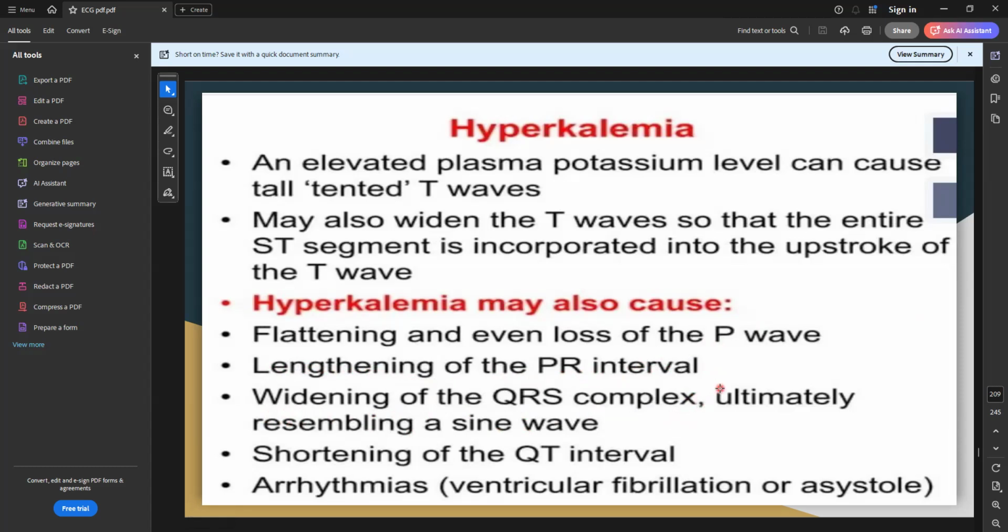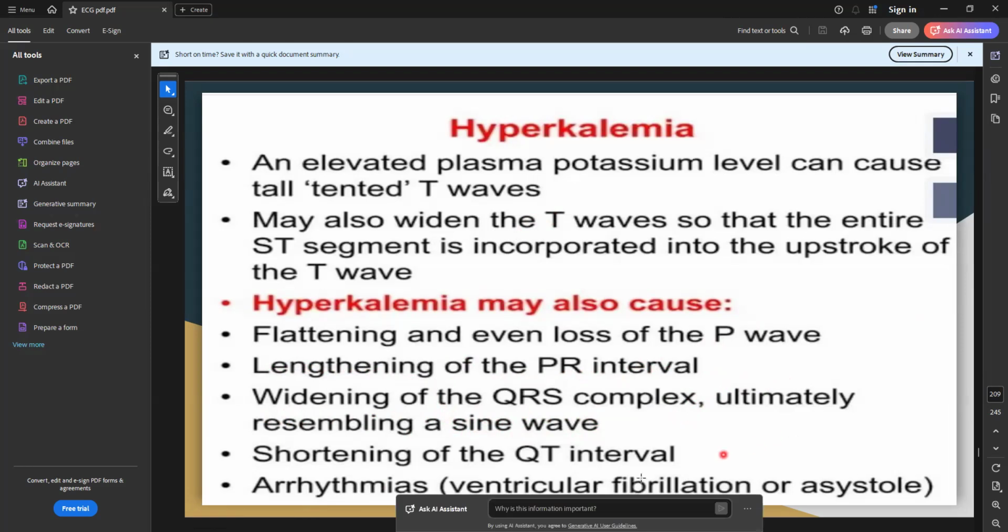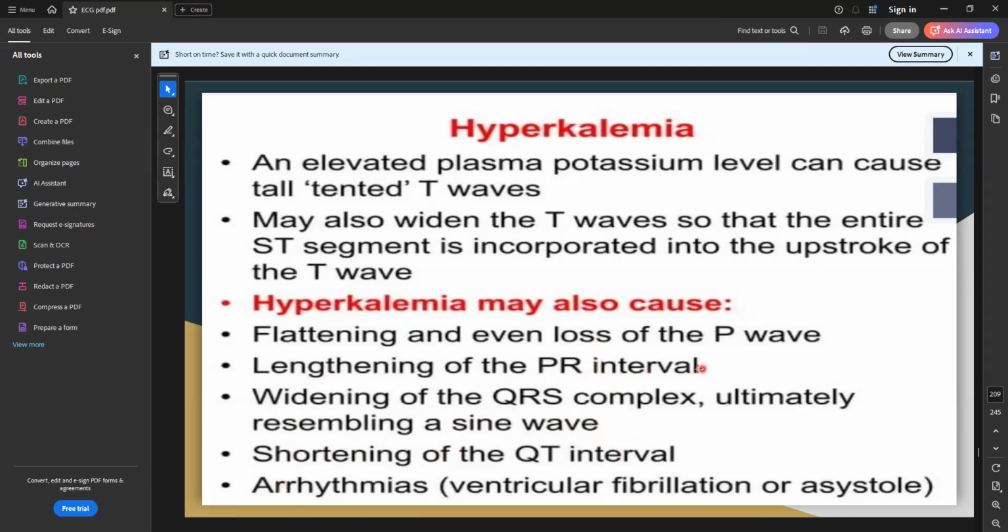As the serum potassium level increases from 5.5 to 7, 7.5, 8, you will get a sine wave pattern. And there will be shortening of the QT interval. The duration of the PR interval will be increased, and at the same time, there will be shortening of the QT interval.